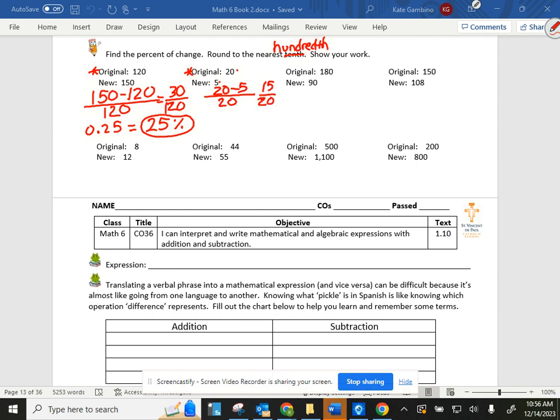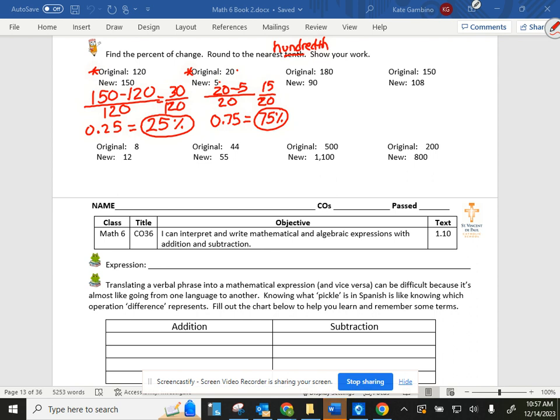So what is 15 divided by 20? 0.75. How do I convert that to a percentage? 75%. So you always take the bigger number, subtract the smaller number, divide it by that original number.